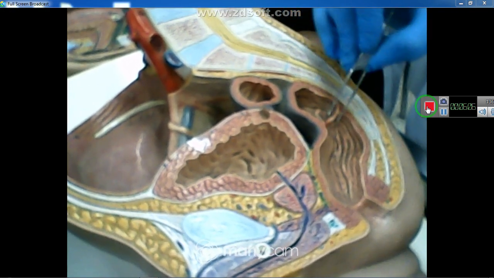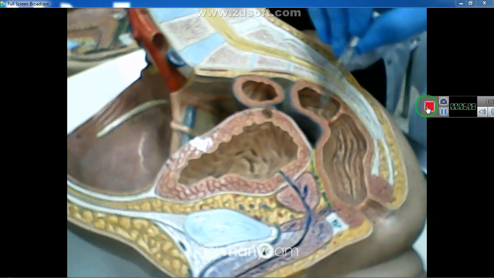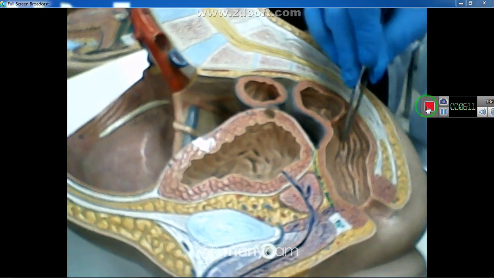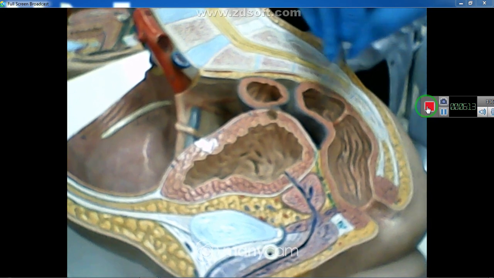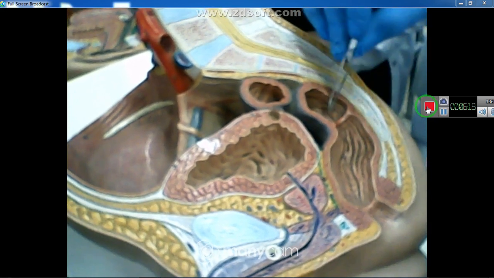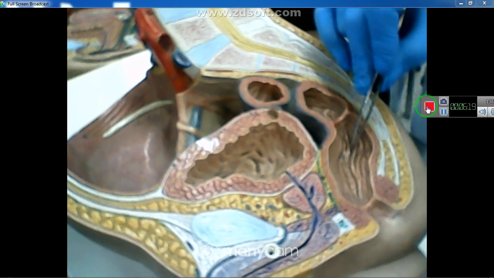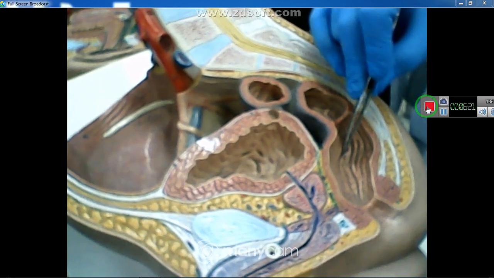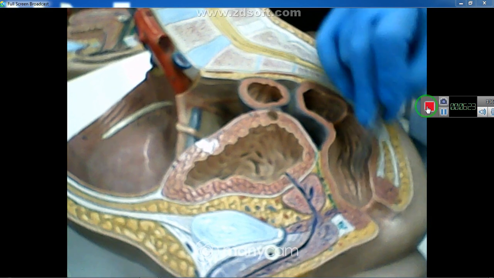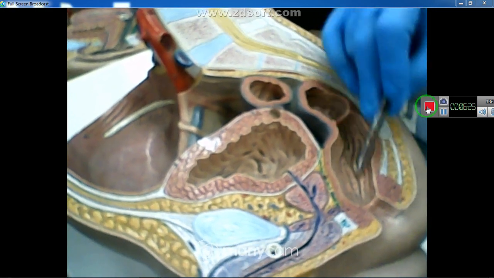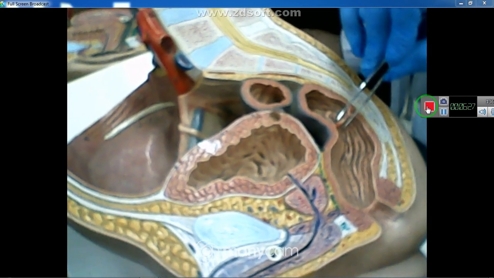The inside of the rectum, the mucosa of the rectum, shows longitudinal folds that are transient, because these longitudinal folds will disappear if the rectum is filled with feces. But in addition to these transient longitudinal folds, the mucosa shows transverse folds.